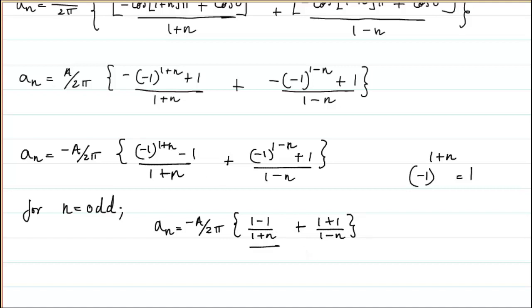This becomes 0 because 1 minus 1 is equal to 0. The second part becomes 2 divided by 1 minus n.